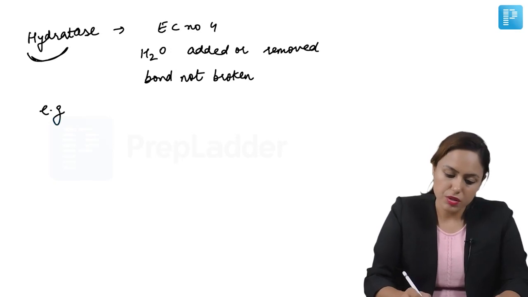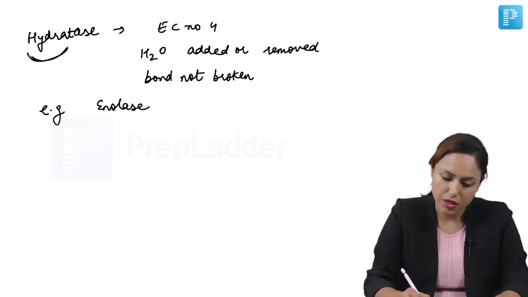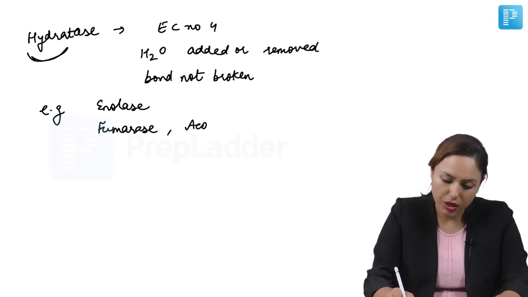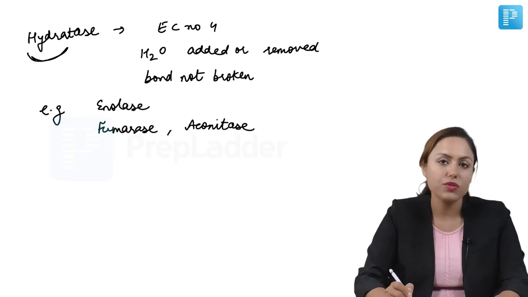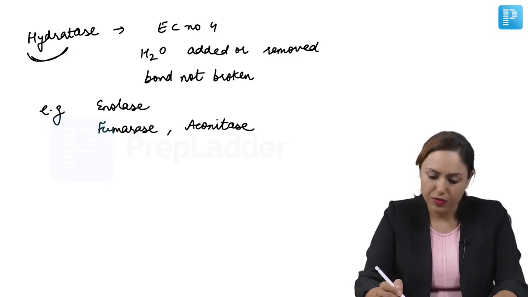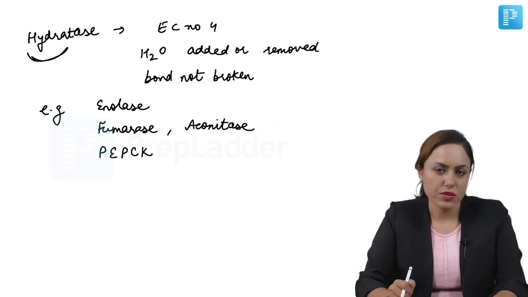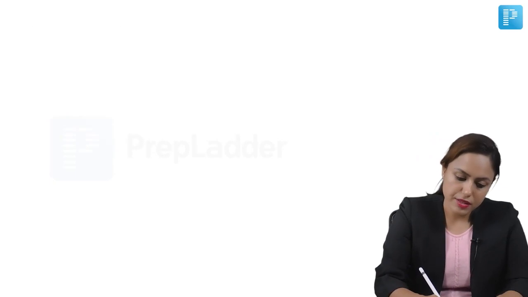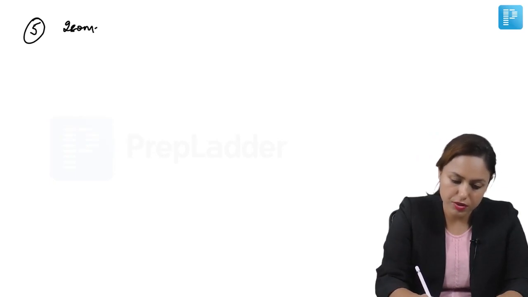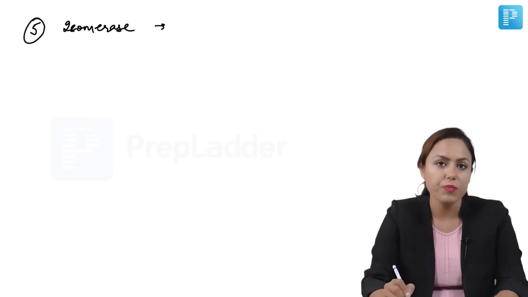Examples of such enzymes are enolase of glycolysis, fumarase and aconitase of the TCA cycle, and PEP-CK of gluconeogenesis, right? Then next is EC number 5, that is the isomerase enzyme.